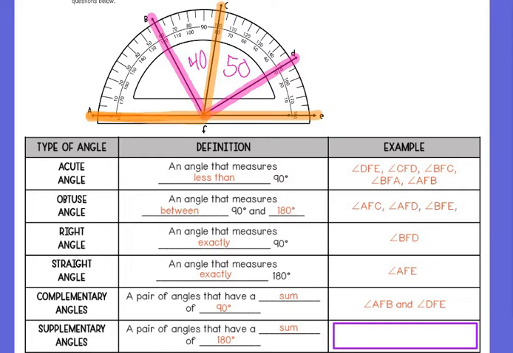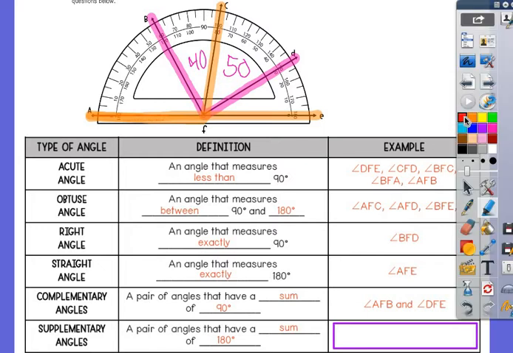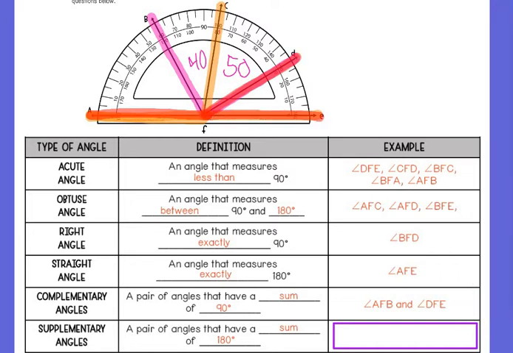See how both of those together will form that 180 degree angle. I see another set. What's another set we see? AFD and DFE. Those two are forming 180 degrees.